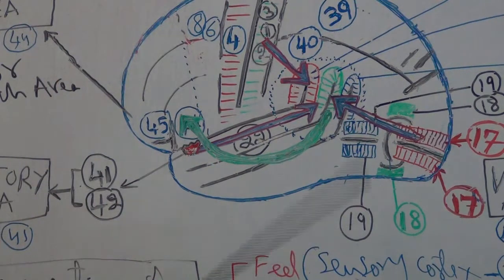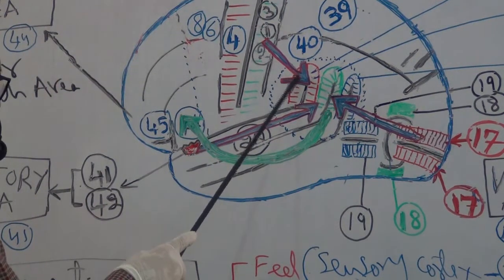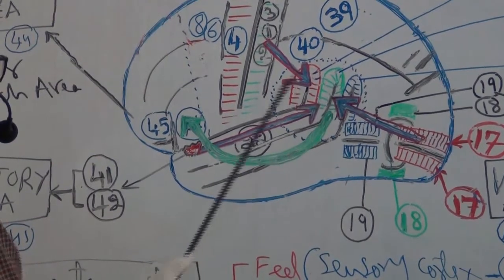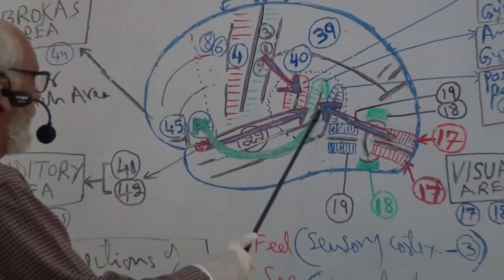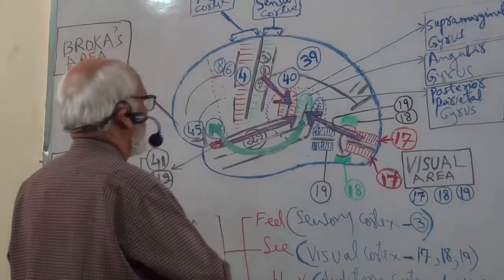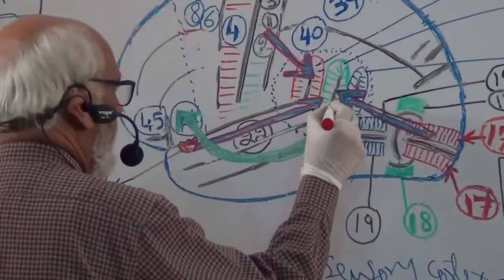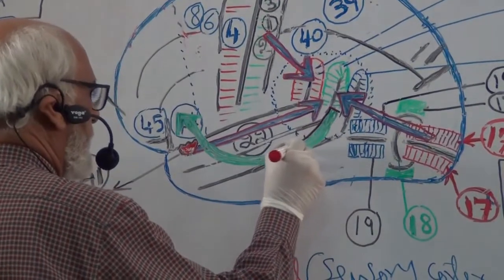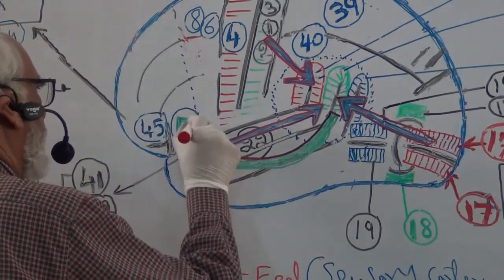These are incoming fibers from sensory cortex, from visual cortex, and from auditory cortex. Now, outgoing fibers in the form of a bundle of nerve fibers arise from the Wernicke area and reach the Broca's area.